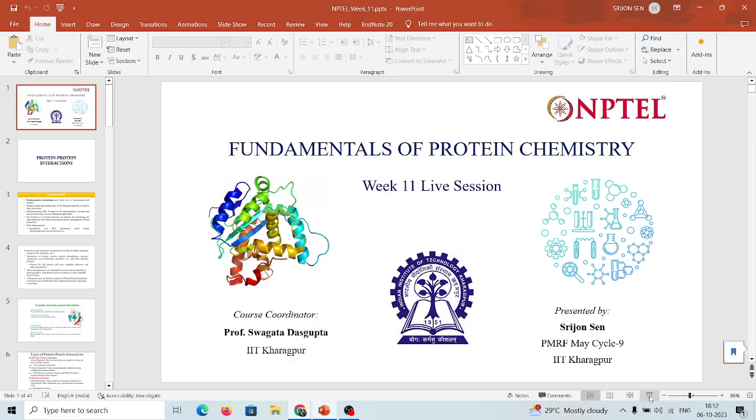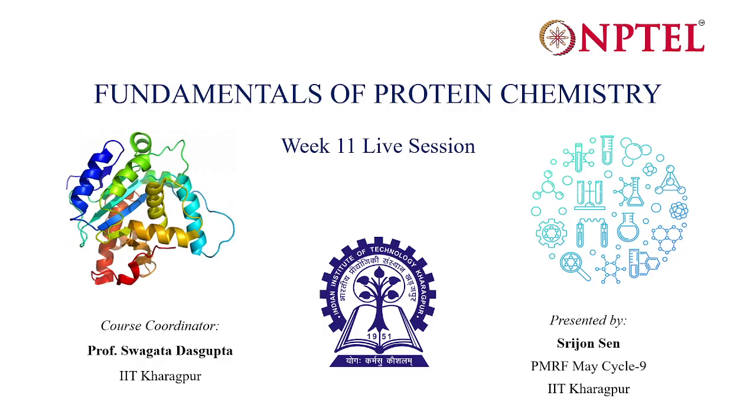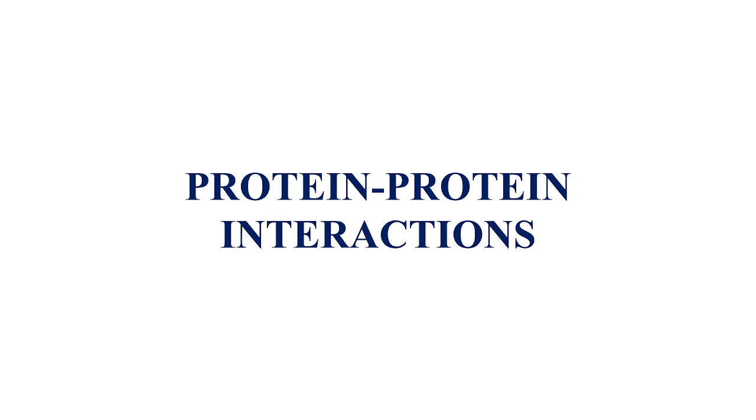So basically in today's class we would be mostly focusing on protein-protein interactions. In the previous class we discussed protein-carbohydrate and protein-nucleic acid interactions, and a few of the techniques regarding the identification of DNA and RNA. In today's class we would be dealing with protein-protein interactions.